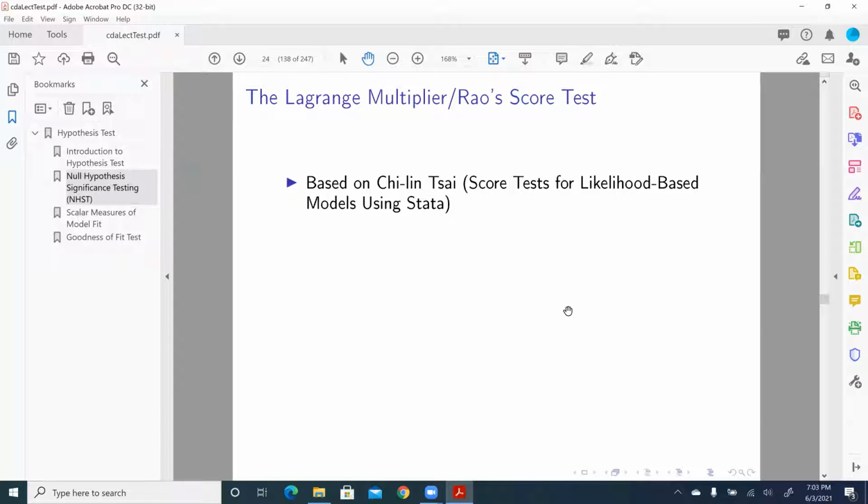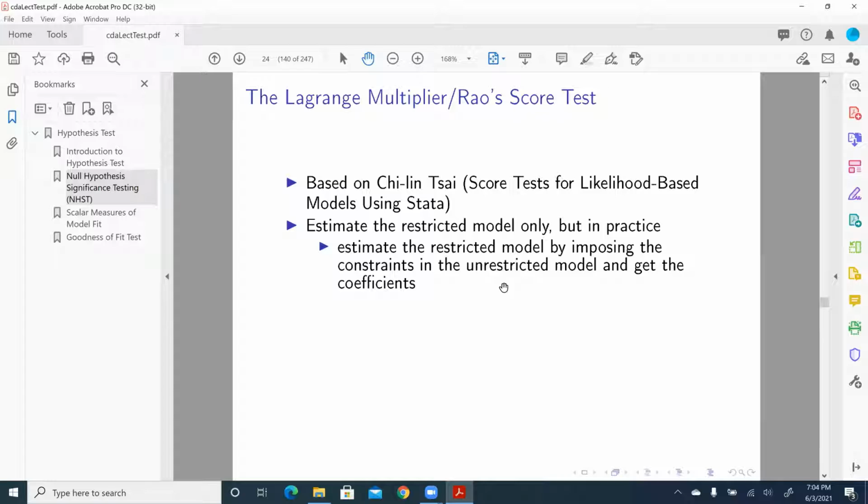Based on Qilin Cai, a political methodologist, we're going to follow these steps. It looks simple in theory, but in practice we follow a series of procedures to get the score statistic.